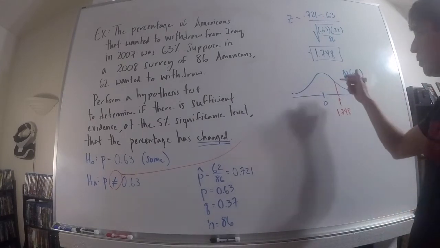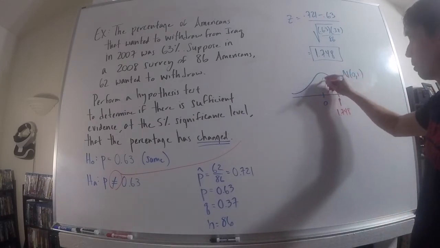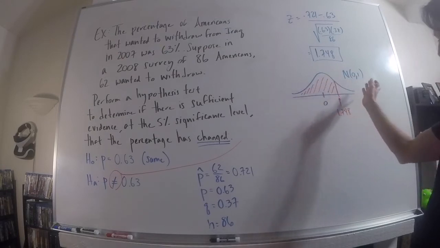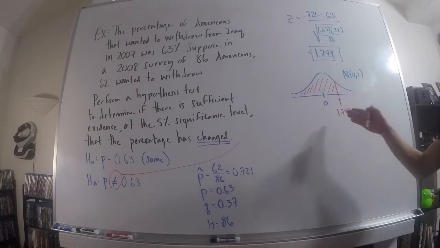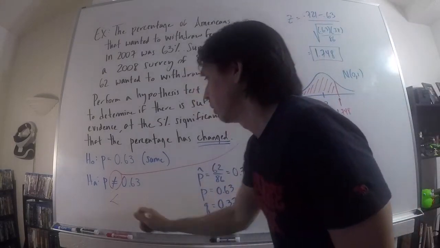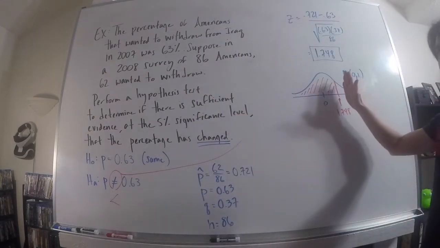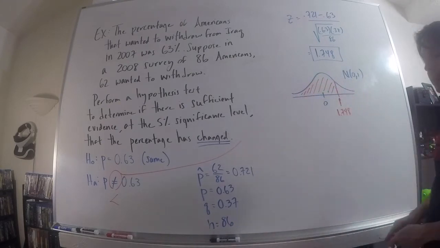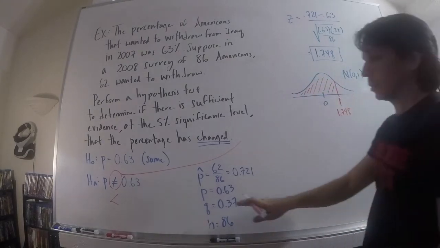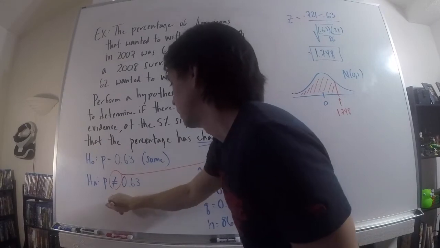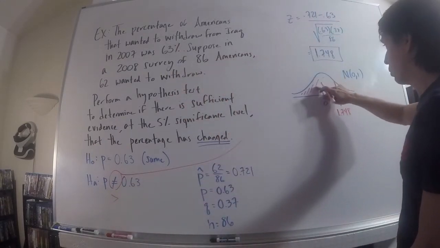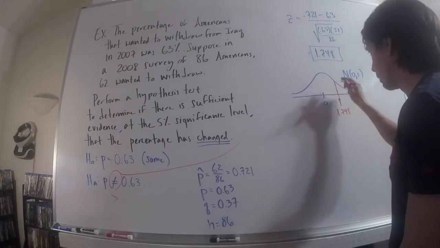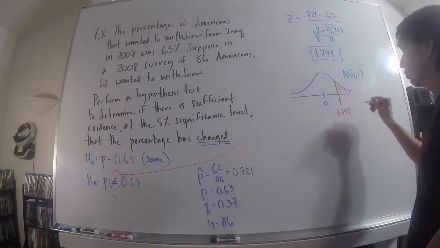If we're doing a left tail test, it's literally going to be all of this. It doesn't matter that that's a high probability and that's the bigger area. You don't always go to the tail for if this is less than. You're literally testing to see if there's evidence that it's less than. And if it's this way, you're testing to see if it's greater than. You're literally going to always be doing the right tail. So left and right tail, you're literally going in that direction in either of those cases.